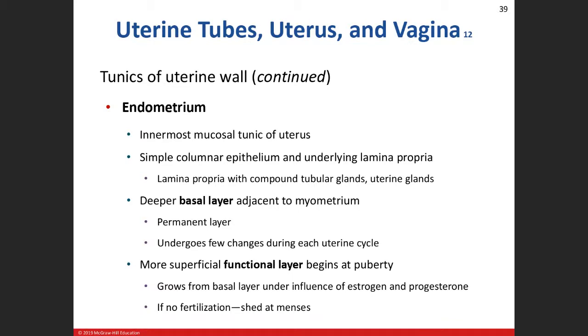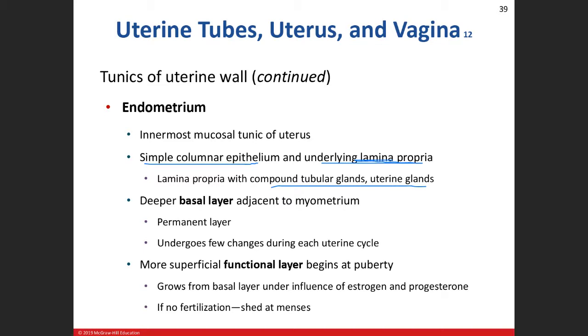So first of all, we have our simple columnar epithelium that is going to line the inside of the uterus. Of course, all epithelium sits on a basement membrane, and then just underneath that basement membrane, we have the lamina propria. Now, the lamina propria is going to contain all of these glands, especially those which become much more active if fertilization takes place.